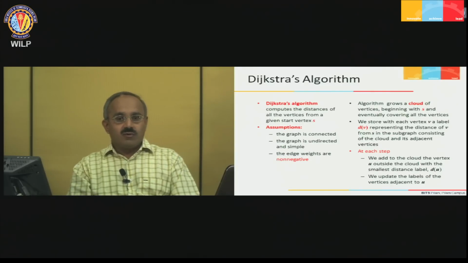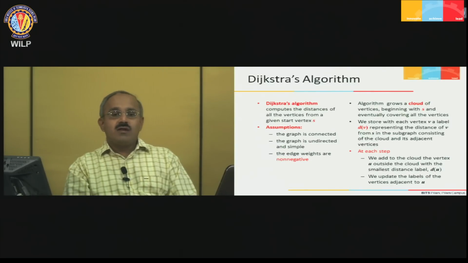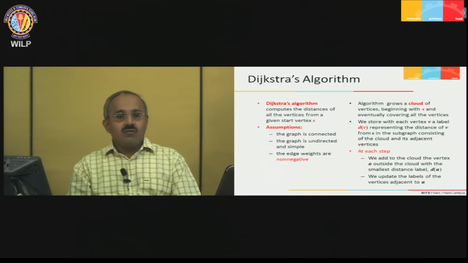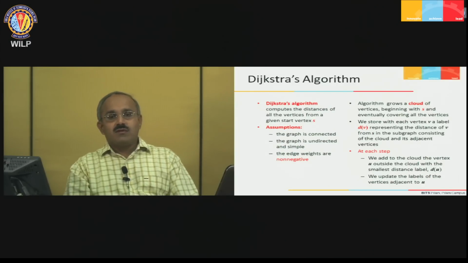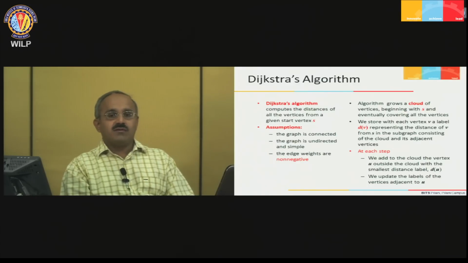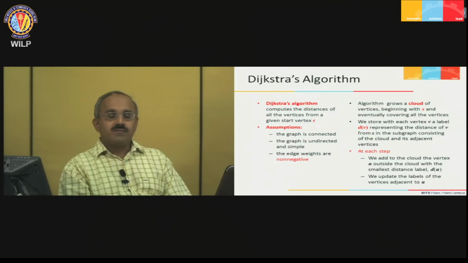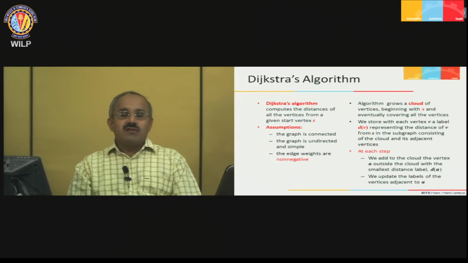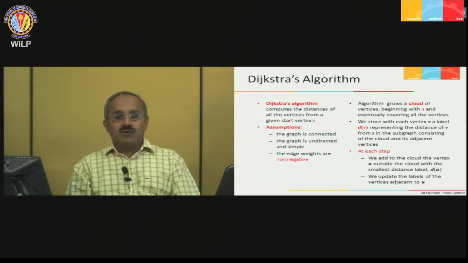So, we have a single source and we are solving a much more general problem of a single source and all destinations. What we are solving is, given a single source and all possible destinations, we are going to compute the shortest path from this source vertex. Dijkstra's algorithm is going to be based on a few assumptions.